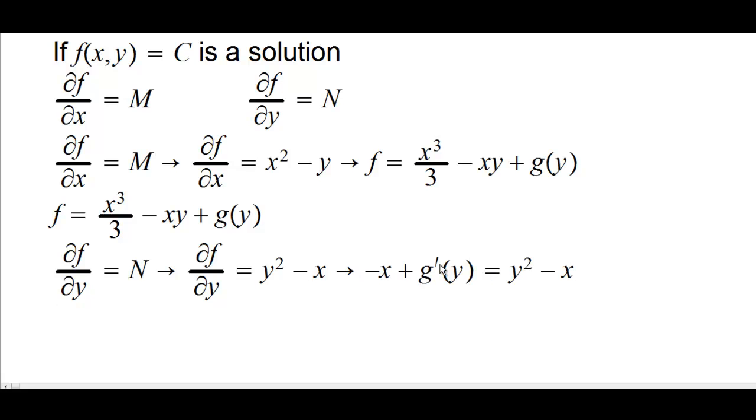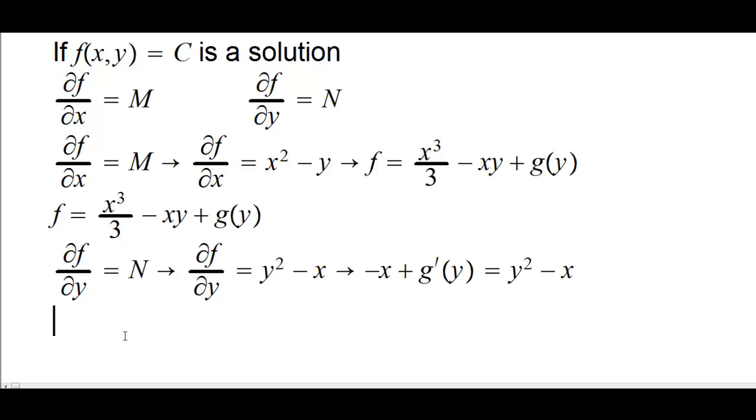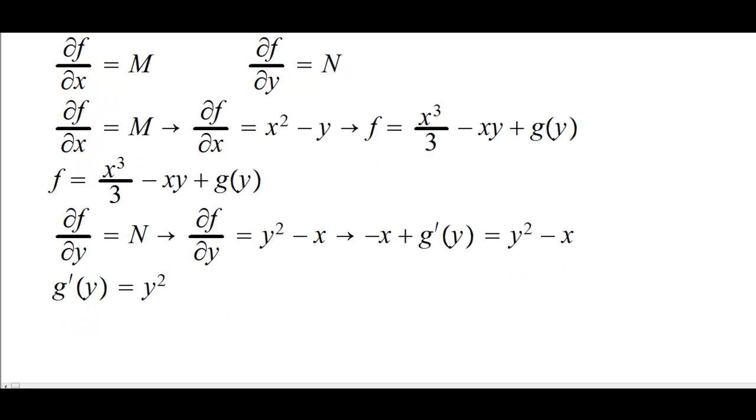Okay. So what do we get out of it? We simply get that the derivative of g, which is a function of y, with respect to y is y squared. So how do I find the antiderivative of g? Just integrate it, right?